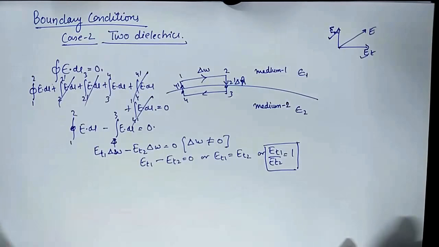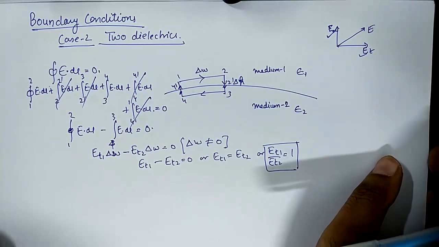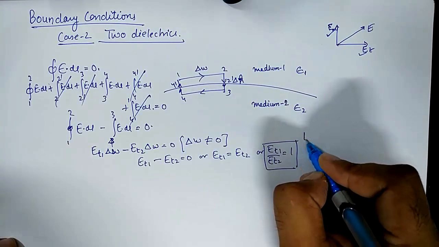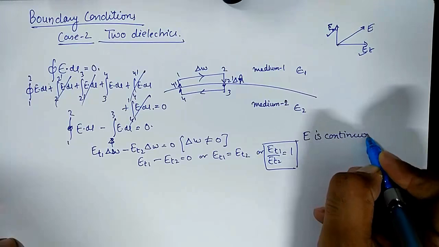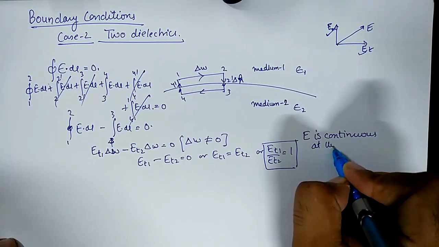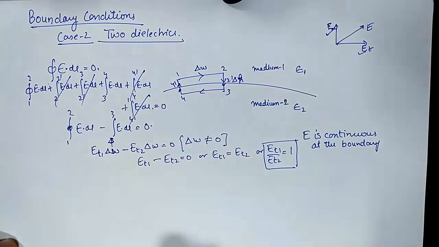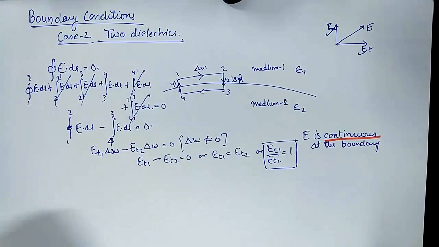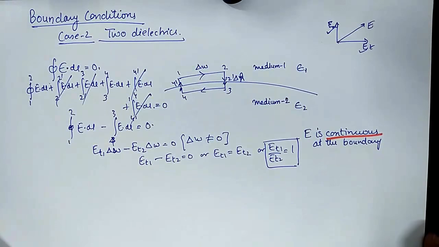So what we can say is that the ratio of two tangential components is 1, so E is continuous at the boundary. This is the key word. When the ratio of the components is 1, it is continuous at the boundary of two dielectrics.